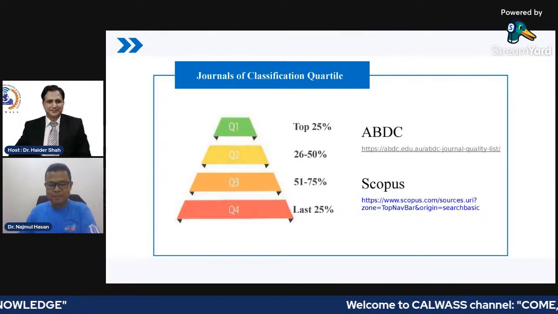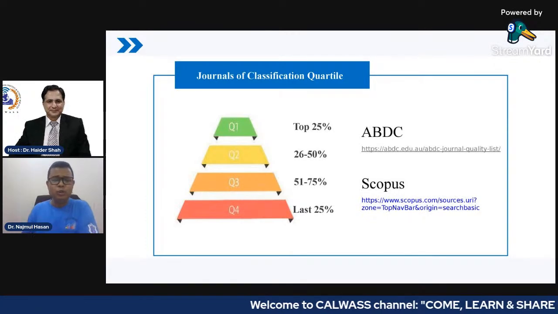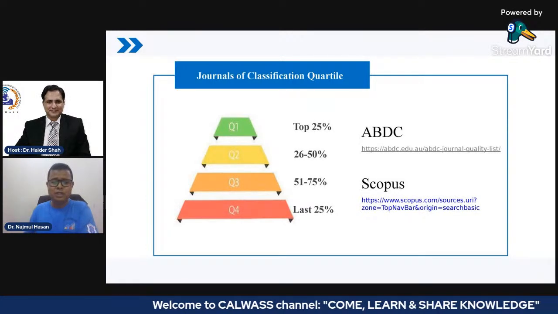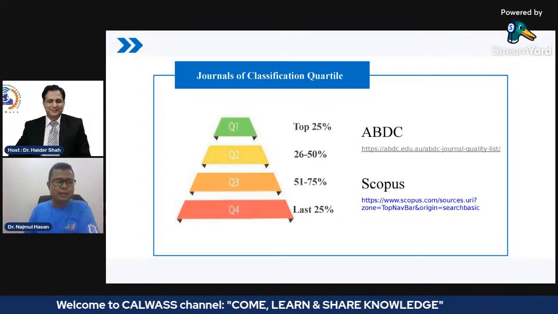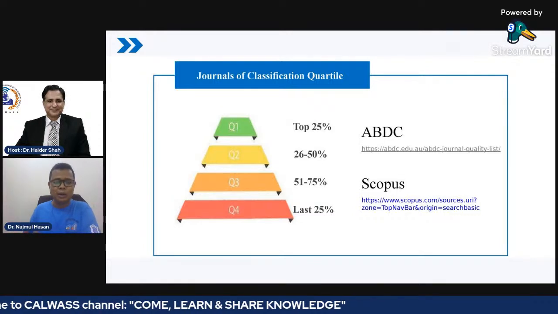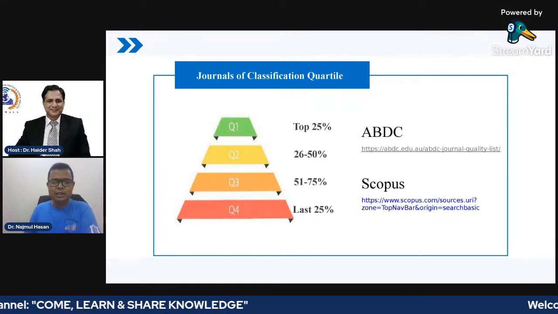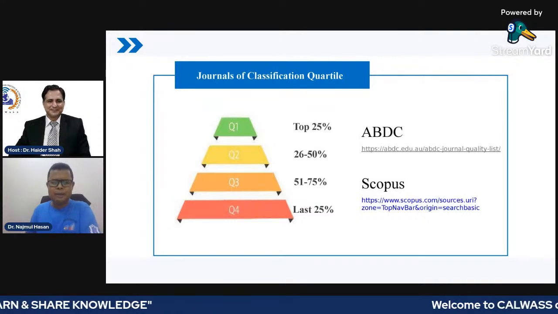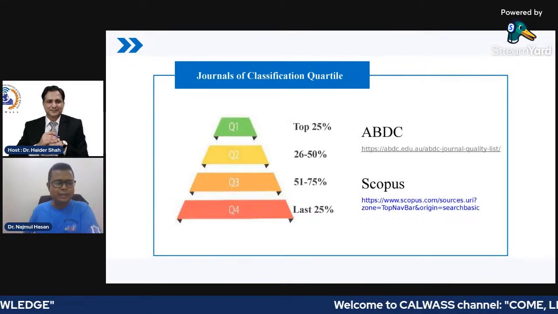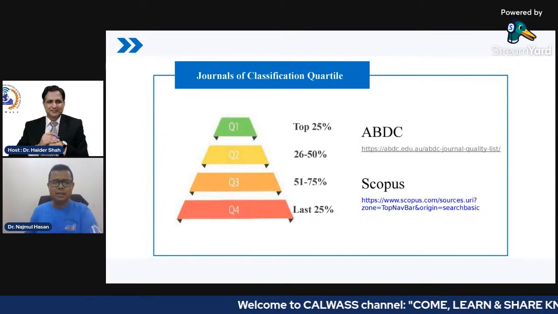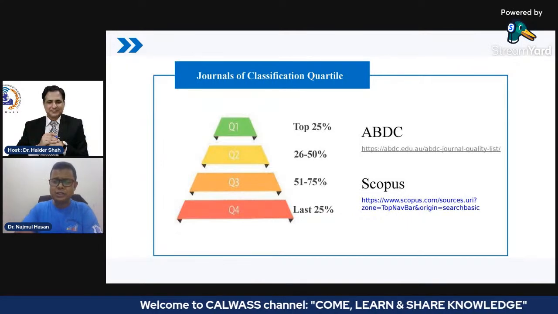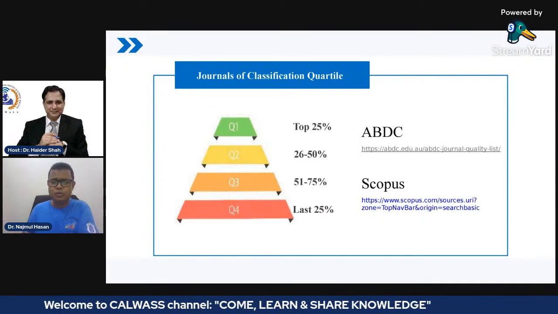Okay. Maybe you will have a question: how can we understand what the impact factor is, and how can we understand whether this is a good journal? Actually there are lots of indexing or ranking sites, and among them it depends on the region.